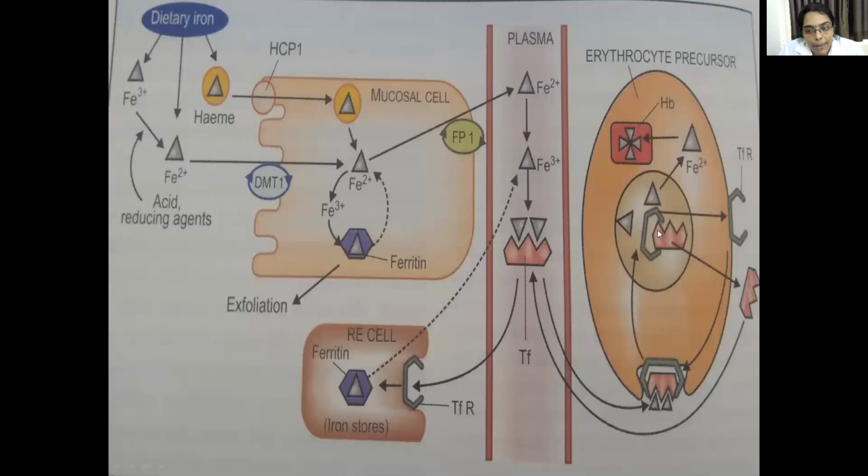Next, the transferrin receptor and the transferrin molecule are both released to the surface to take in fresh loads. Now, the iron is stored in cells such as RE cells, hepatocytes and myocytes in the form of ferritin and hemosiderin. So this is about the absorption, transport, utilization and storage of iron in the body.